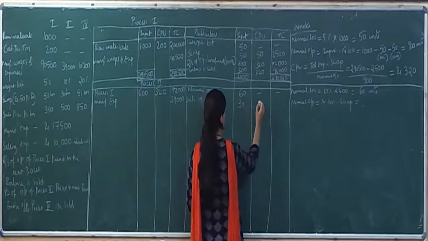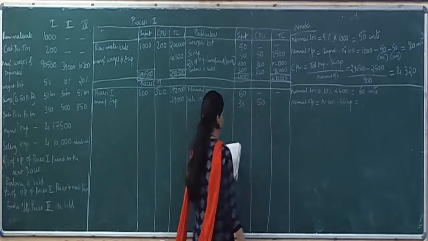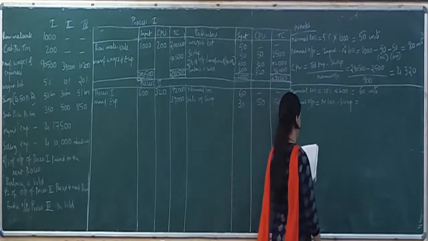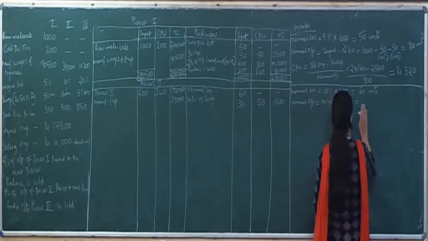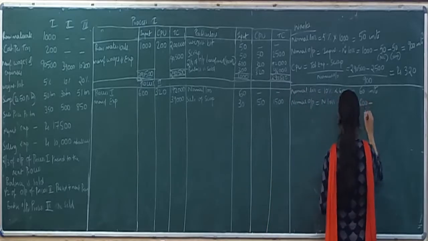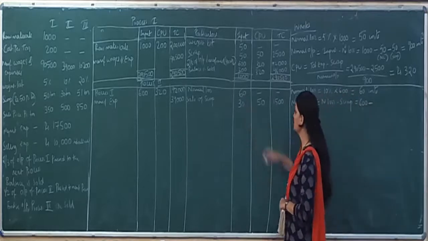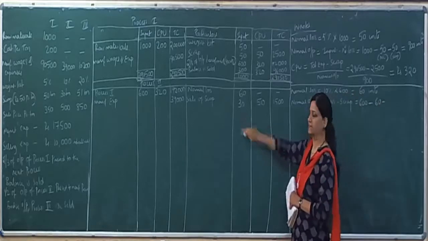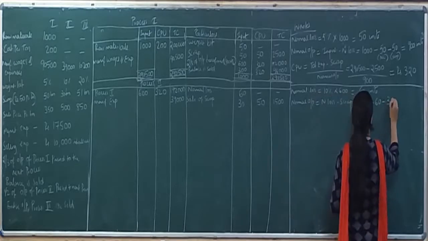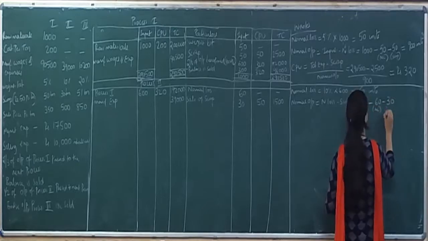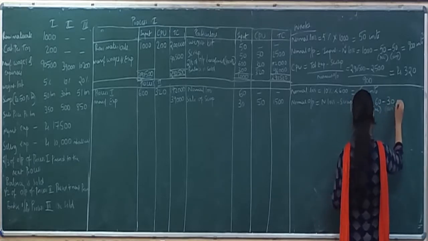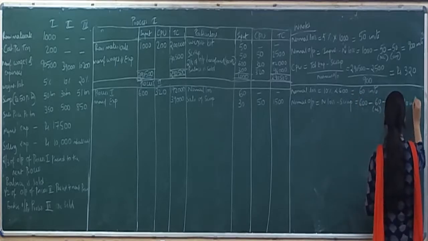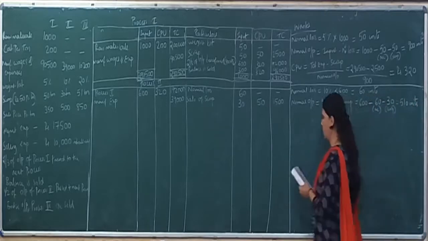So 30 into 50 comes to 1,500. Normal loss we have as 60 and we have scrap as 30. That comes to 510 units.